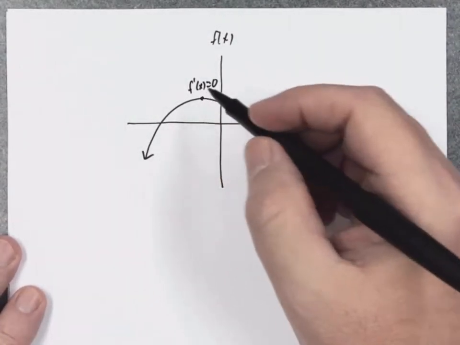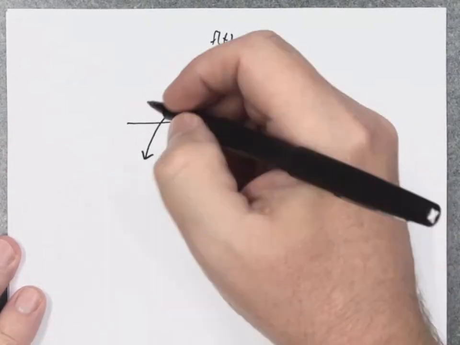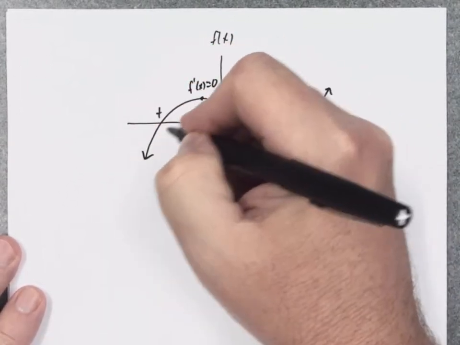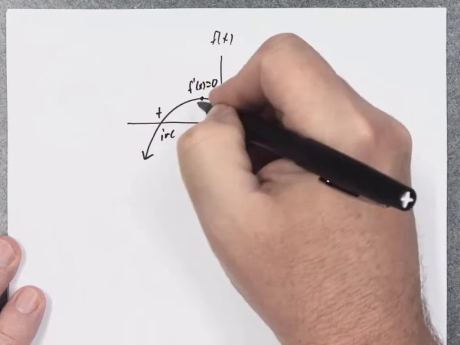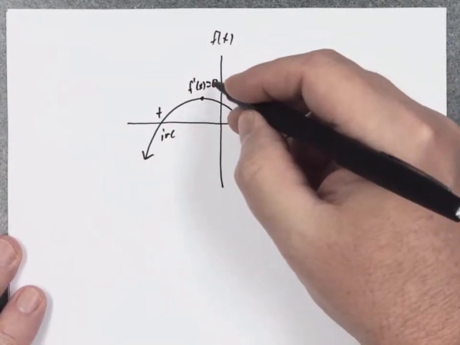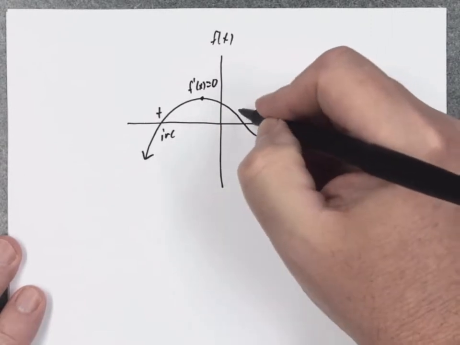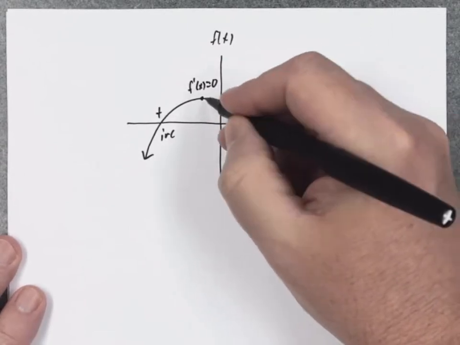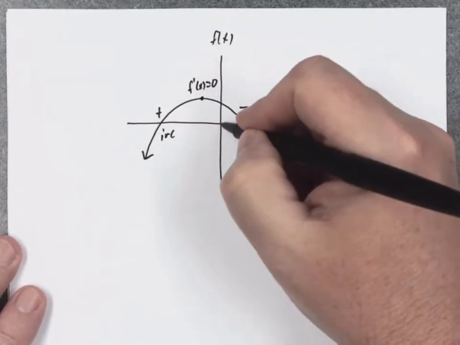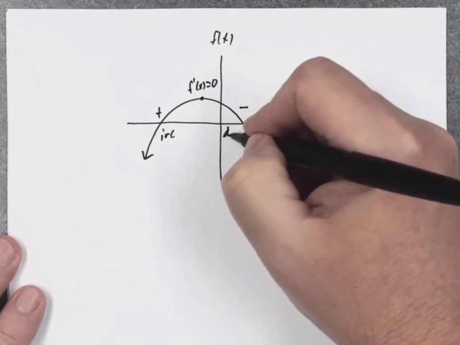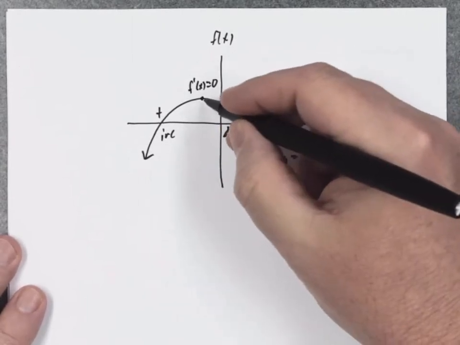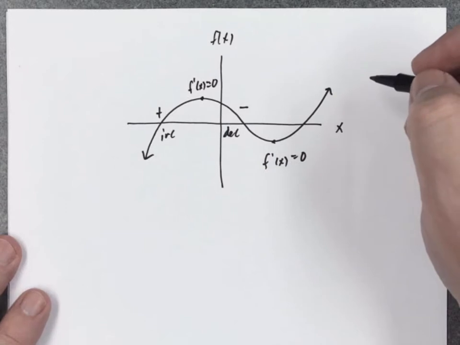And then when we look at this function, when the first derivative is positive, that means we have an increasing function. The first derivative goes to 0 at the maximum. Here we say the first derivative is negative, which means the function is decreasing. We can also think of this as like a negative slope.